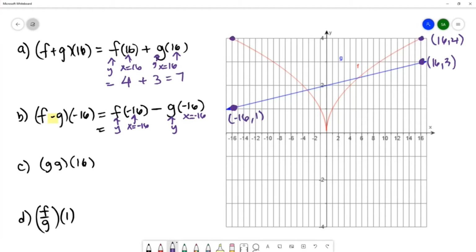And this value right here is on the graph of f, and that is negative 16, 4. So f of negative 16 is 4. g of negative 16 is 1, and I want to subtract those values, and that gives 3.